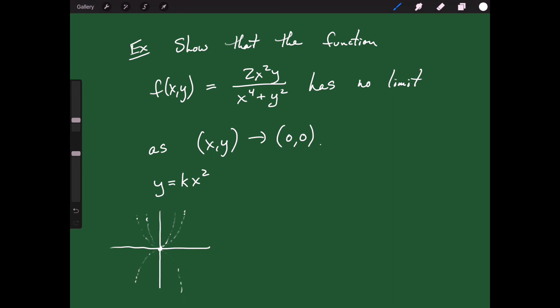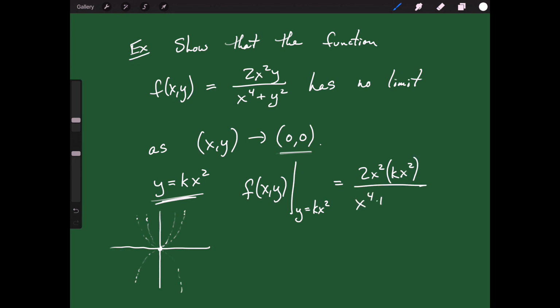Okay? So what I want to do is look at this function, f of x, y, evaluated where y is kx squared. And definitely your path needs to go through the point that you're evaluating. And it does in this case. So if I evaluate that function where y is equal to kx squared, then I get 2x squared times y, but y now is kx squared, divided by x to the fourth plus y squared, or kx squared, squared.